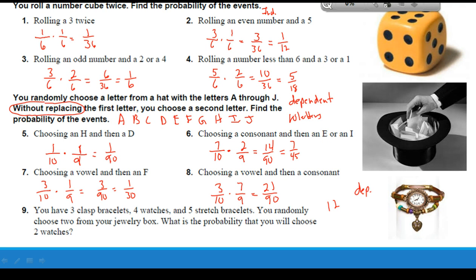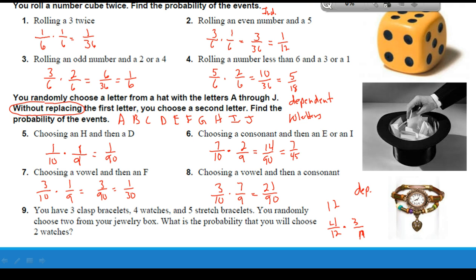What's the probability that we're going to choose 2 watches? Well, the first go around, there are 4 watches to choose from and 12 pieces of jewelry. Now, I pulled a watch out, so that watch is no longer left to choose from. So now I have 3 watches left to choose from and 11 pieces of jewelry.